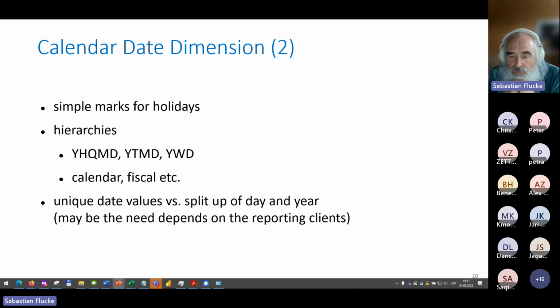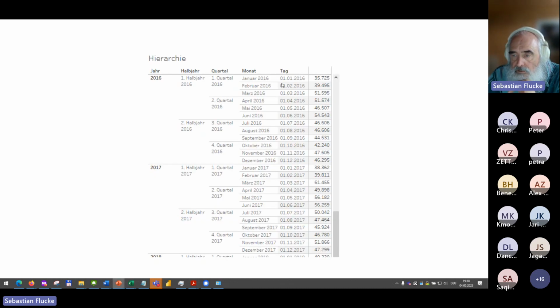Another thing you have to think about regarding a date dimension is unique date values, as we can see here. This is the 1st of January, 1st of February, 1st of March, and so on. And that's the 1st of March of 2016. We also have a 1st of March of 2017.